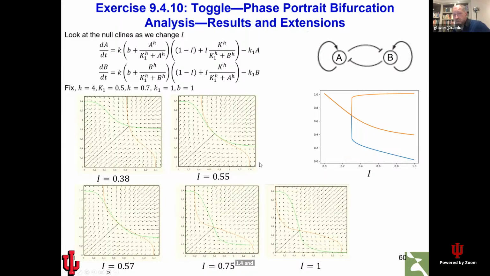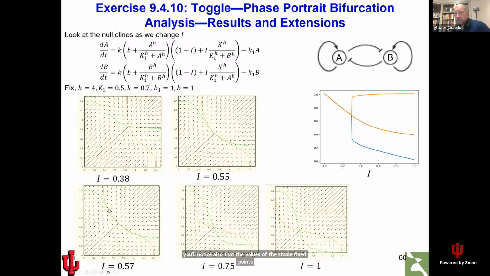So you get those two stable fixed points. If I look at the null lines, at 0.55 they're almost tangent to each other. As I increase the value of I, the volume in which they've crossed in this little bow tie gets bigger and bigger, and the values of the stable fixed points move apart.